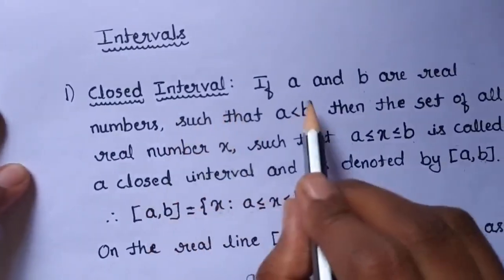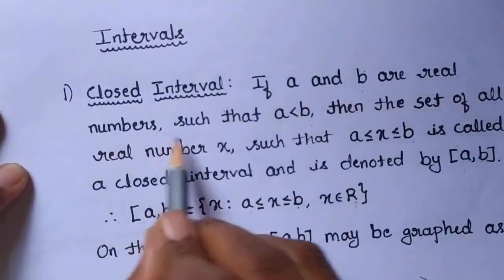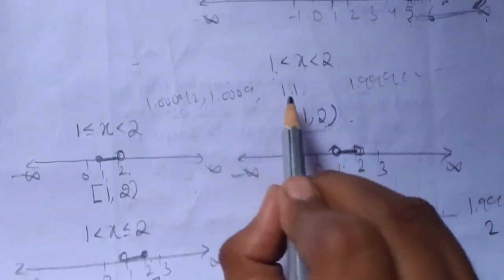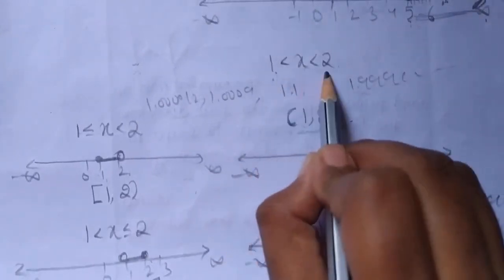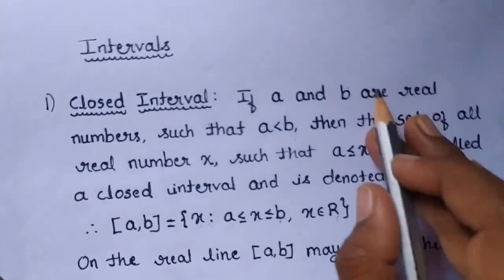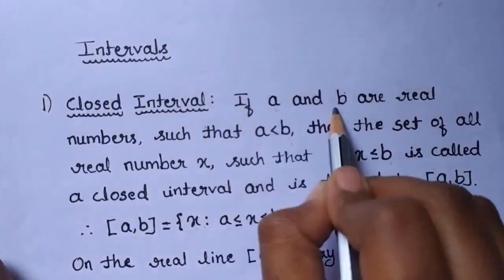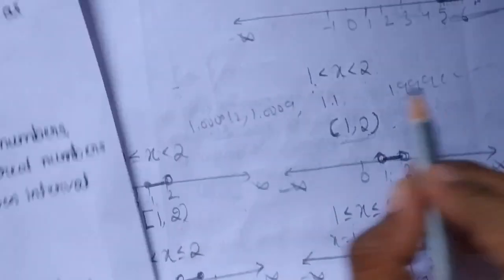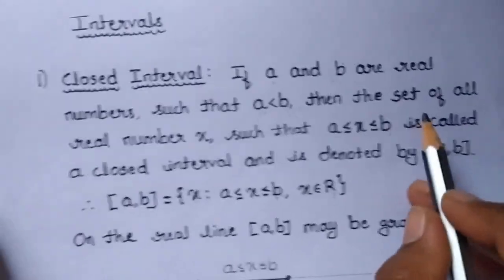Closed interval: if a and b are real numbers such that a less than b. In this example, I have considered 1 and 2. In the definition, we are considering generally a and b. A less than b, 1 less than 2.